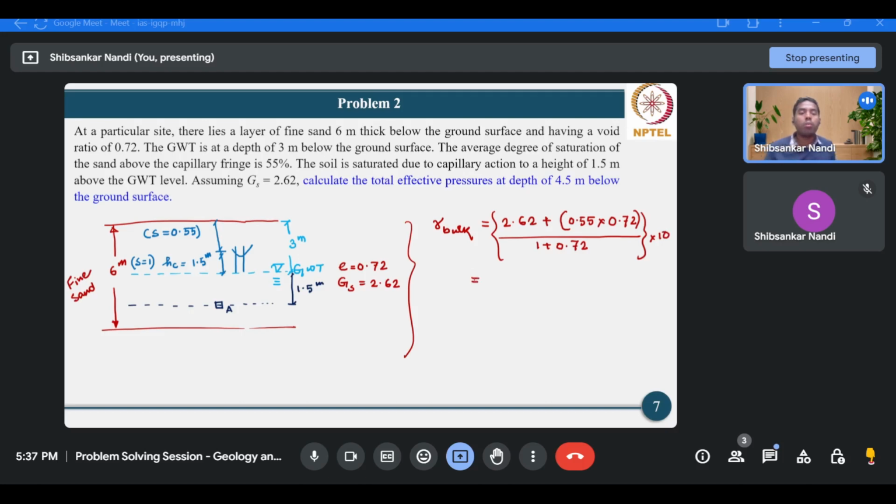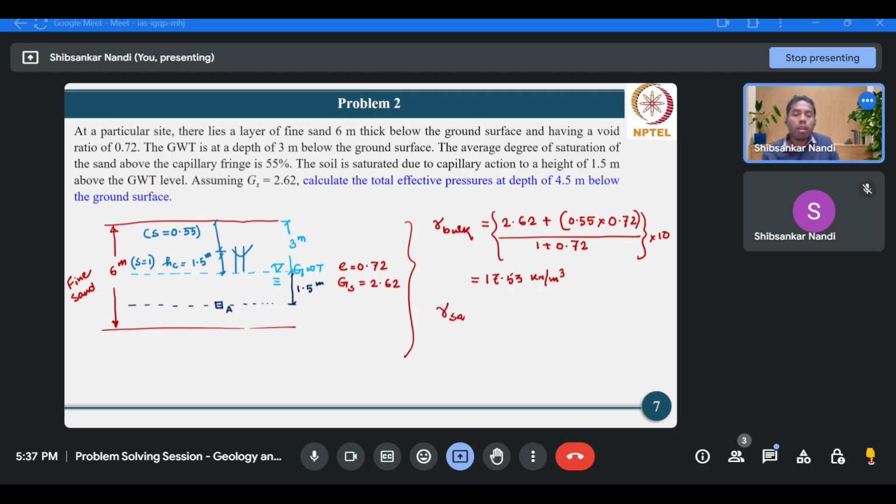So this will give you the gamma bulk, it's 17.53 kilonewton per meter cube.